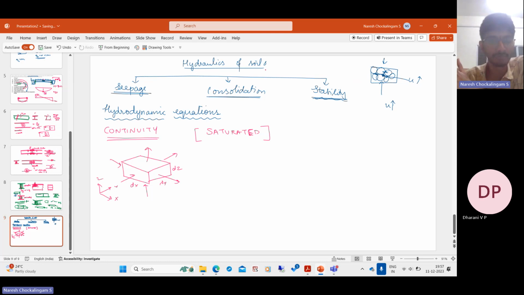That is much easier. In advanced courses, people study unsaturated soil mechanics, which is much harder, but we deal only with saturated soil mechanics. If the soil mass is saturated, then whatever water is entering that mass has to go out of that mass. You cannot create or destroy mass. So this is basically the law of conservation of mass.